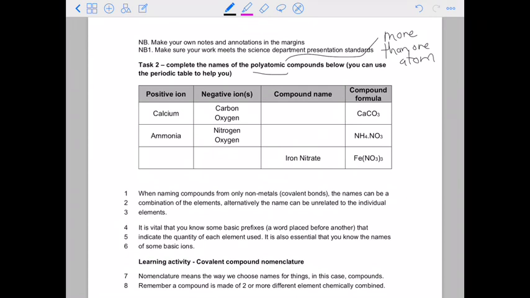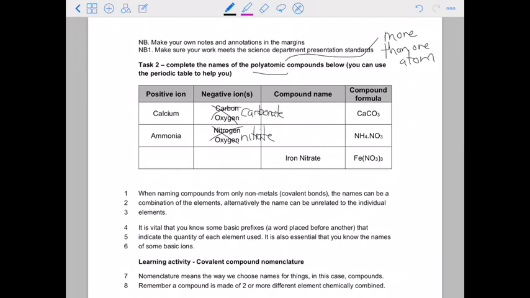So what I'd actually like you to do here for the negative ions, it's carbon and oxygen. CO3 isn't carbon and oxygen, it is a carbonate ion. And nitrogen and oxygen isn't a nitrogen and oxygen, it forms a nitrate ion.